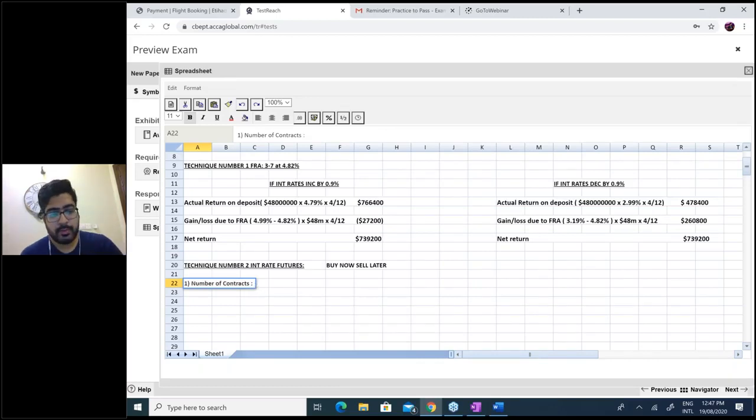The borrowed deposit amount is $48 million divided by contract size, that's 2 million, into time period of borrowing or deposit, that's 4 months over 3. This will give you the number of contracts.